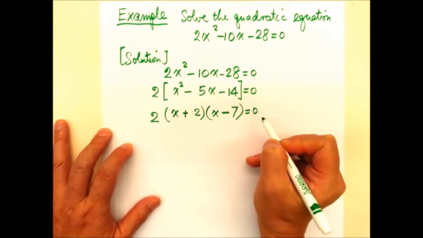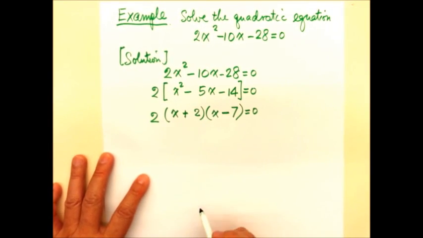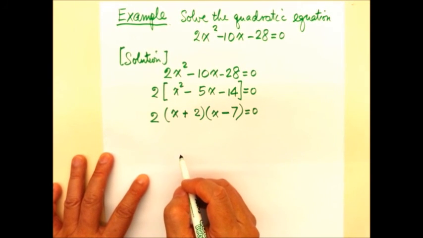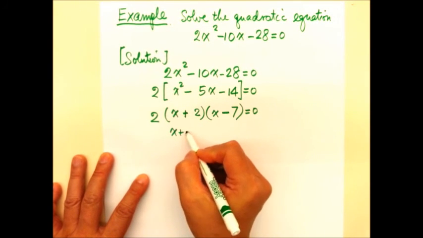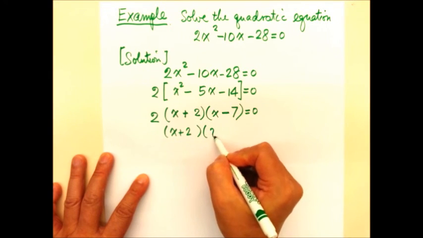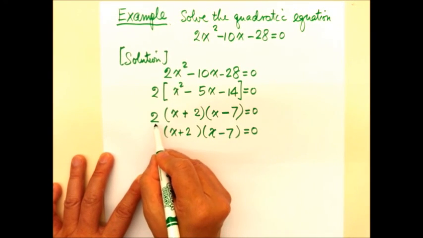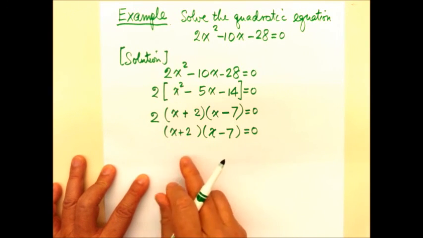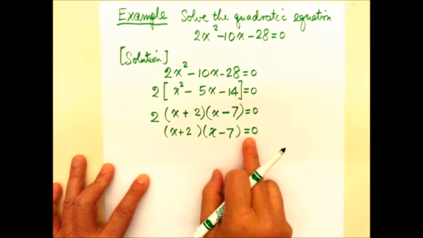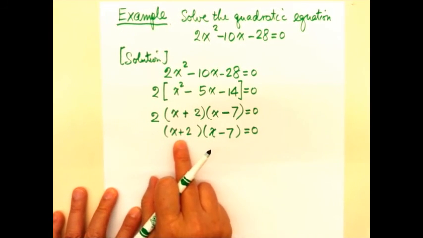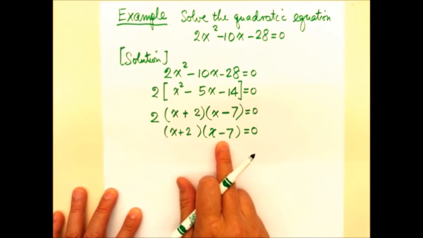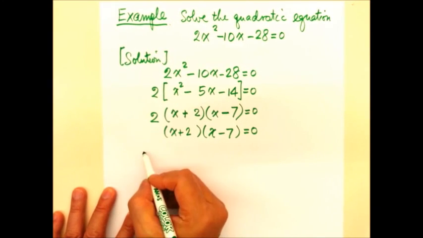Equal to 0. And then we want to simplify it, or just leave the 2 here. 2 brackets times together, it gives 0. So the first one may be 0 or the second one may be equal to 0.